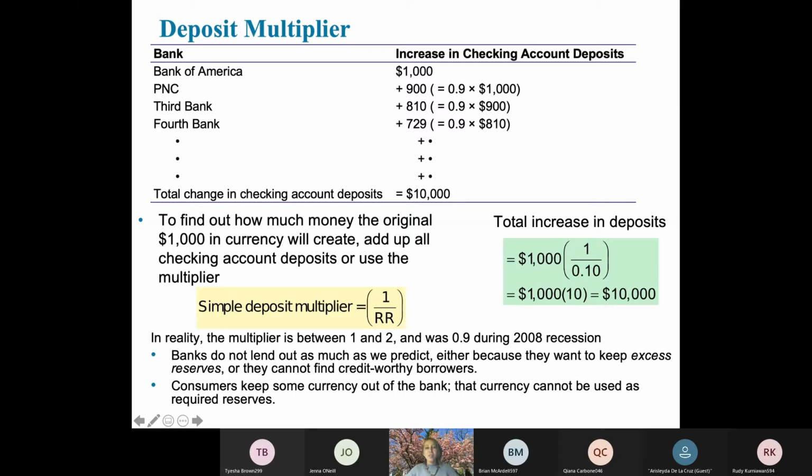And it turns out that every time they try to estimate it, they come up with a number below 2 most of the time. So the money is multiplied, but not nearly as much as the theory suggests based on the required reserve ratio. And sometimes people borrow and save, not spend, for many reasons. They even noticed that during a bad recession like the one in 2008, the multiplier was 0.9, so it was less than 1. So people were saving way more than they were spending.